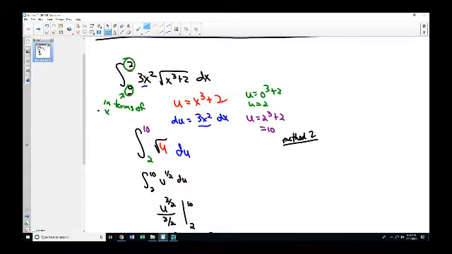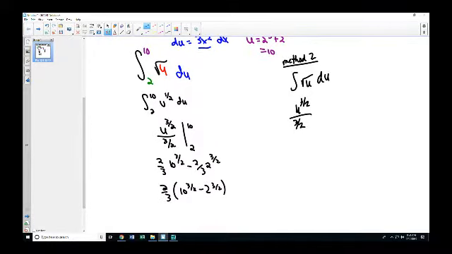Okay, here's the second. I am going to solve this just like we have been. And then I'm going to insert my u value back in, which was x cubed plus 2.